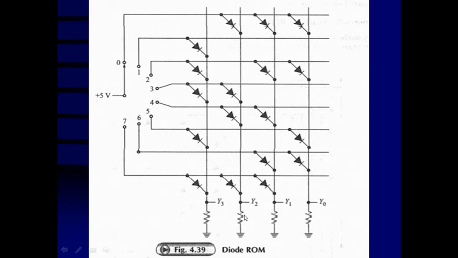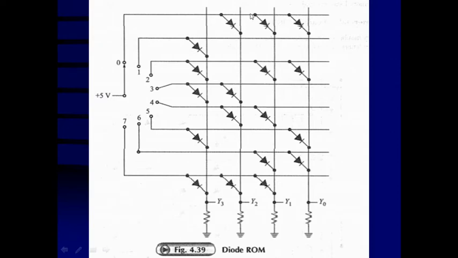IR is the current passing through this resistance, which is the voltage drop appearing at Y2. So 5 volt minus the forward voltage drop of 0.7 volt of this diode, hence 4.3 volt is going to appear at Y2, which is considered to be binary 1.